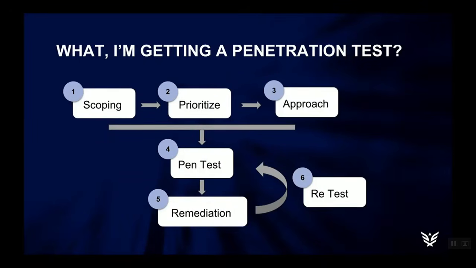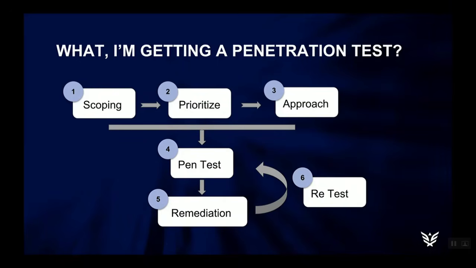So what am I getting at, right? How do I address running a pen test? In this industry, you're going to hear about scoping: what's in target, and prioritizing. What are the systems that I should rank in priority, what are the systems that I should have for the particular pen test? Are they databases? Are they web front ends? Are they mobile devices?